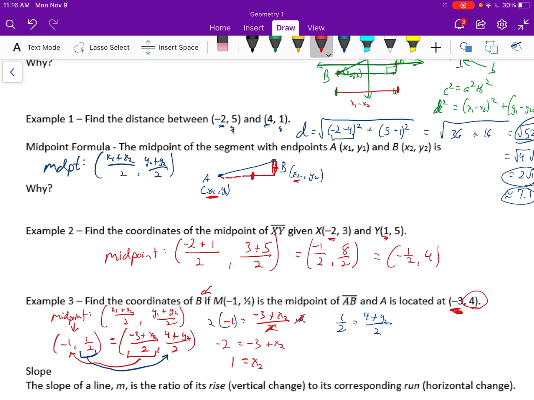Again, we can multiply both sides by 2. That will cancel, and we get 1 equals 4 plus y sub 2, subtracting 4 from both sides gives us y sub 2 is equal to negative 3. And so the point B is 1, negative 3.